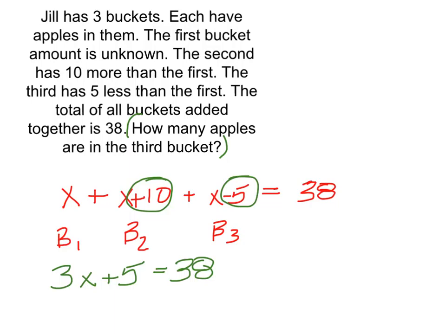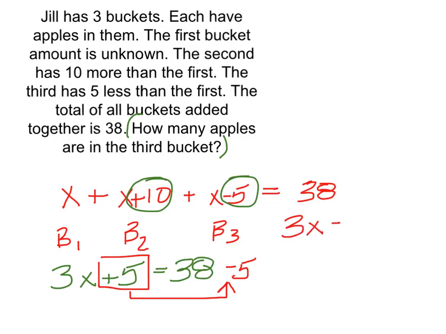To solve this equation, you're going to have to move this plus 5 over to the right side and change the operation. So you're going to have minus 5 on the right.